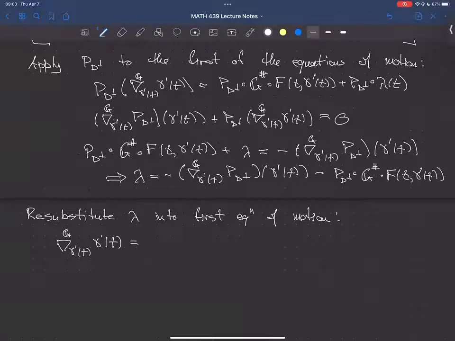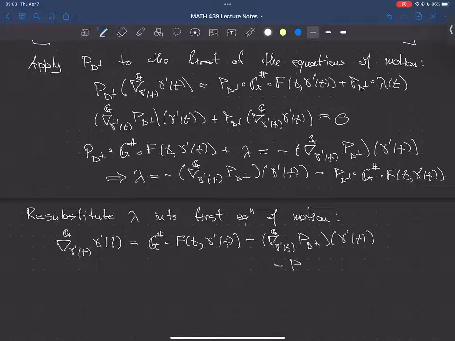It is G sharp F of t gamma prime of t minus nabla gamma prime of t PD perp of gamma prime of t minus PD perp composed with G sharp F of t.